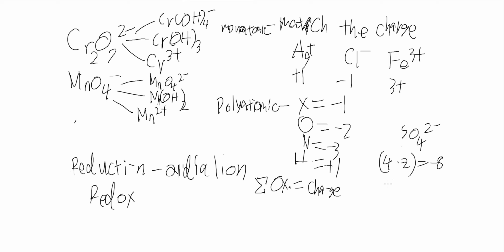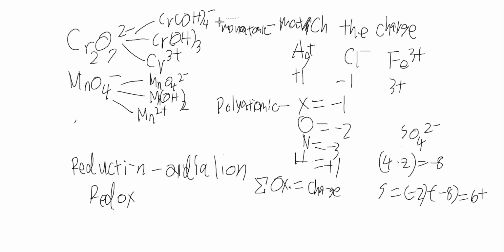And so for sulfate, we can do -2 minus -8, which is equal to +6. And you can do this for every single polyatomic atom or ion there is. Every single one. And these rules will hold for all of them.